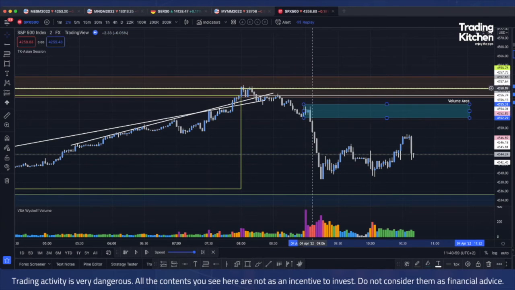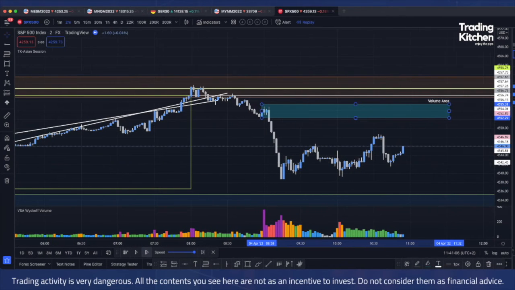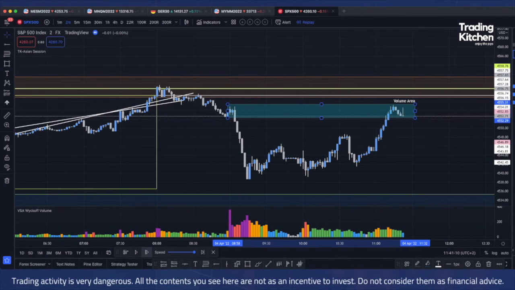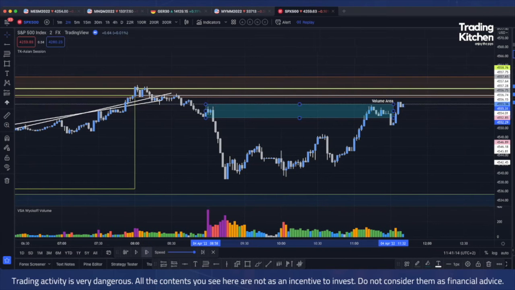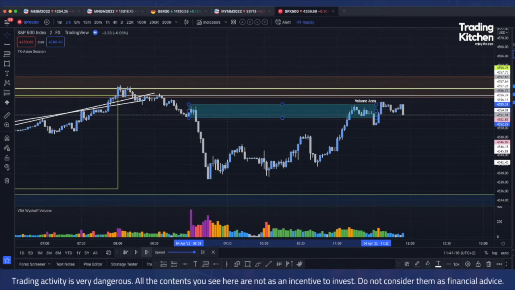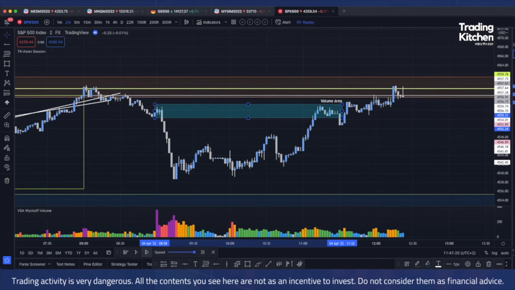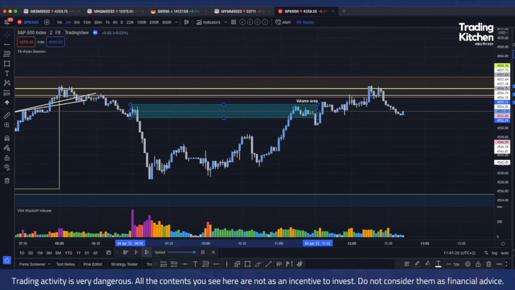In fact, as you can see, we have a strong impulse. Price reacted inside the zone. Get the liquidity over there.